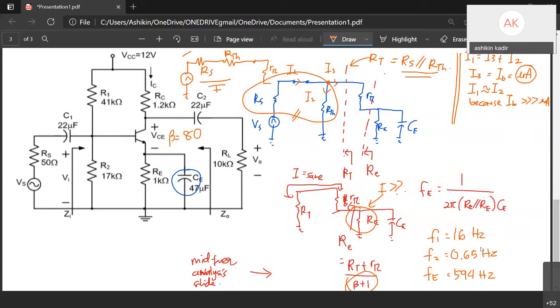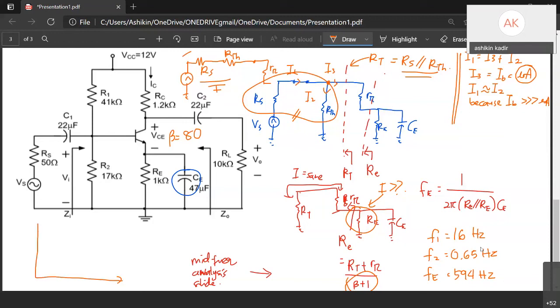Actually from these three frequency values, you can draw a Bode plot, but we cannot do a Bode plot in this online class. Take into consideration your frequency response.